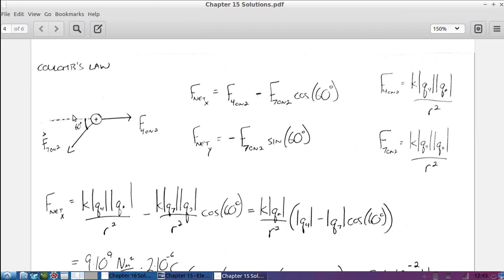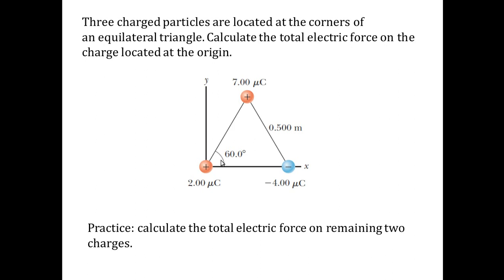The x component of the force by the 7 microcoulomb charge is in the negative x direction, and it's the magnitude times the cosine of 60. How did I get this 60? If I were to complete this triangle where the charges are, this angle right here would be 60 degrees. I took the x-axis and extended it, and then when I drew the force vector from the 7 microcoulomb charge, I got a pair of vertical angles.